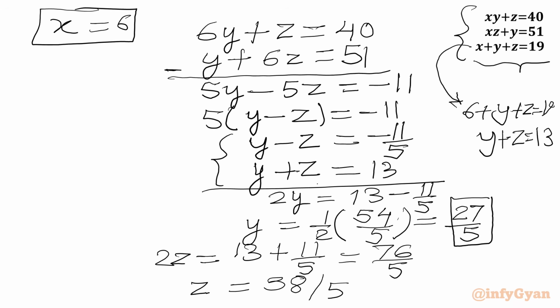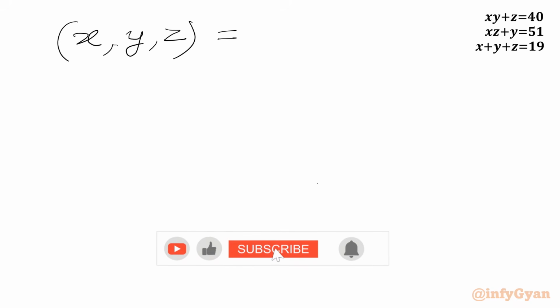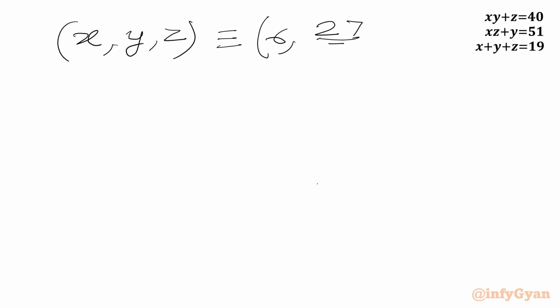So z will be equal to 38 over 5. So if I write ordered triplet, then x, y, z will be 6, 27 over 5, 38 over 5. Now we have x equal to 12.